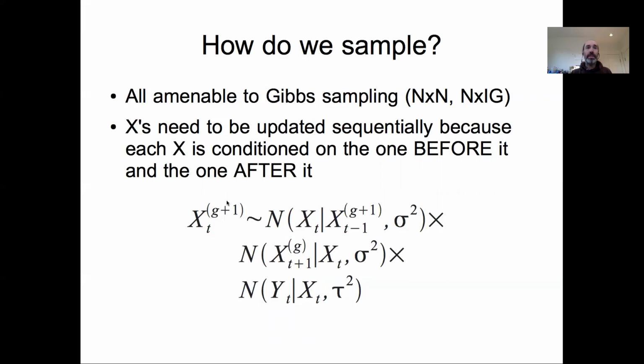So in the g plus 1th iteration of the MCMC, the Gibbs sampler draw of x of t is going to be based on the g plus 1th updated version of x of t minus 1, but then the previous g step of x of t. And so we'll kind of march in a forward filtering way through the MCMC.